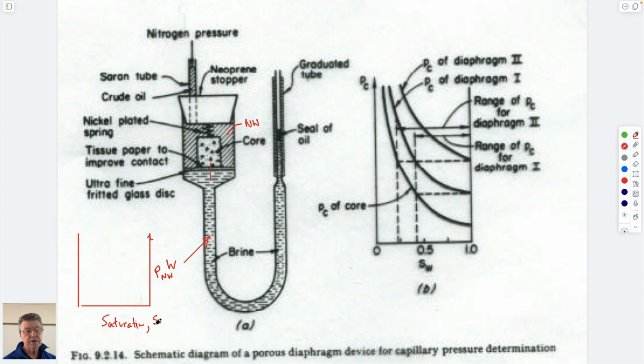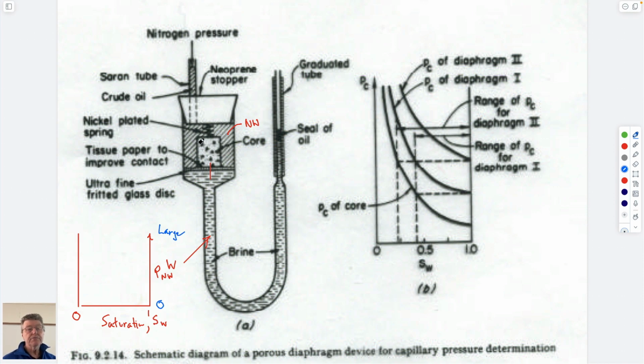And let's call it the saturation of the wetting fluid. And the saturation of the wetting fluid can go from nothing to something. The maximum value can be 1. And this could be 0 pressure, and this could be a large pressure.